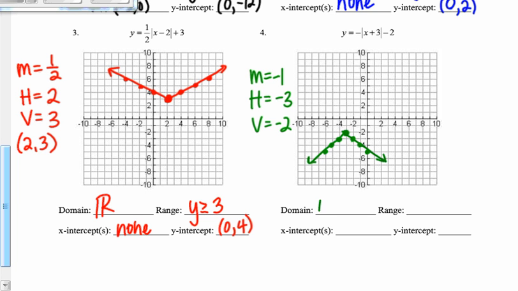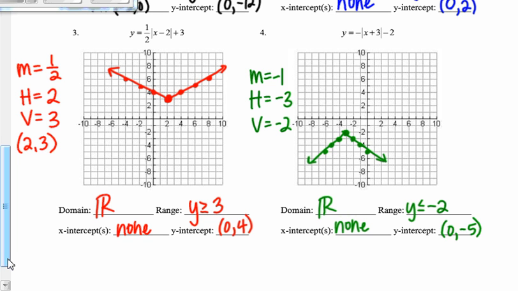The domain, it's going to go forever to the left and right. Range, the very highest y value is -2, and it goes below that, so it's less than or equal to -2. No x-intercepts, but there is a y-intercept we can see on the graph at 0, -5.